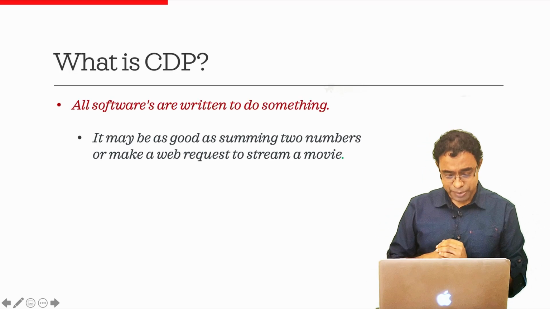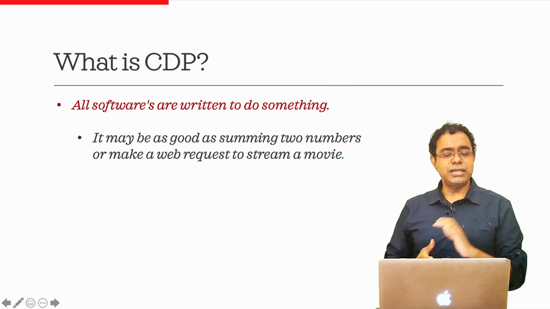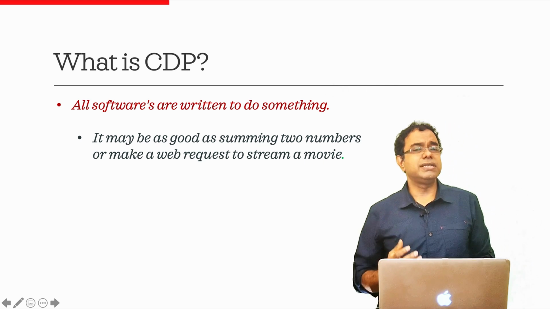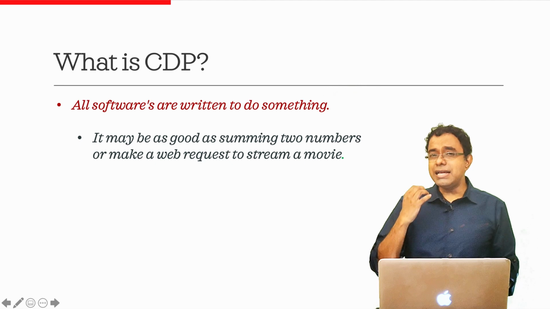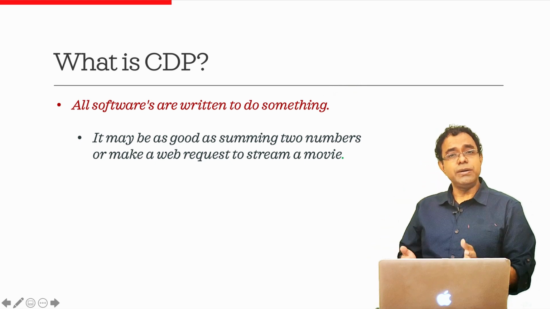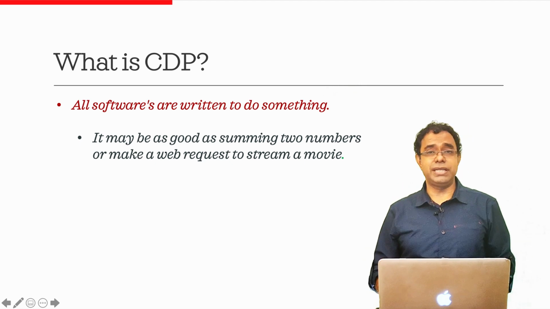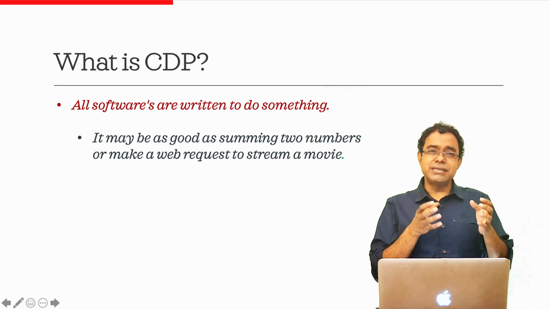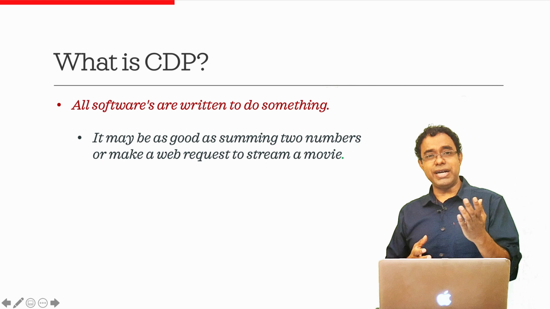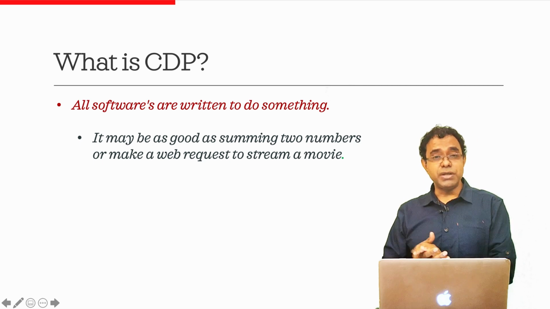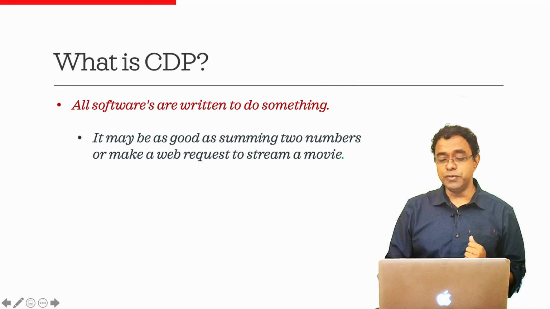When you write software, all software is written to do something, right? Even if it is as simple as adding two numbers, it is meant for doing something. It can go from this simplest example to streaming a movie by providing a URL. So you consume a URL to stream a movie.